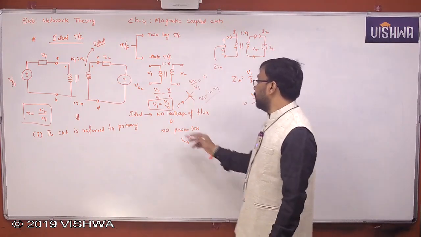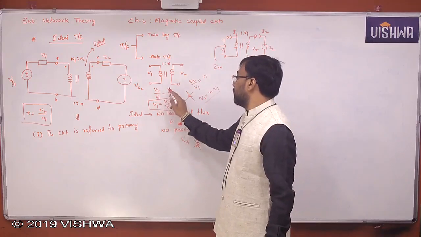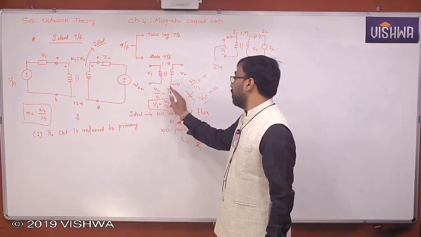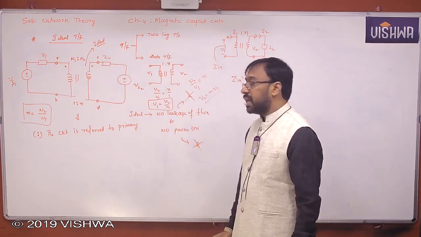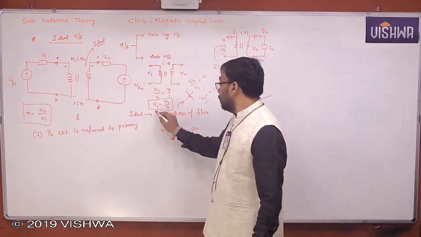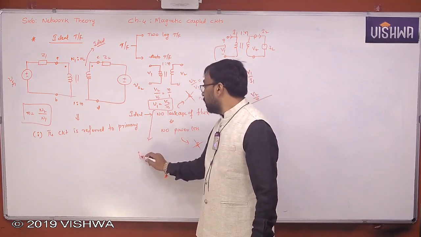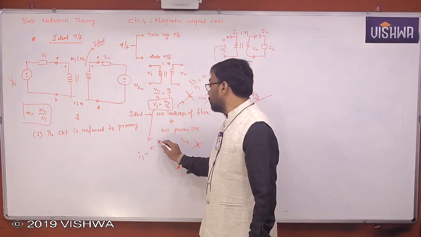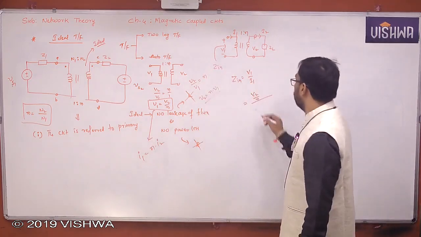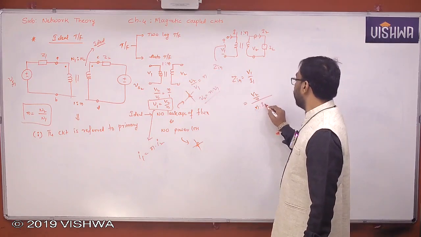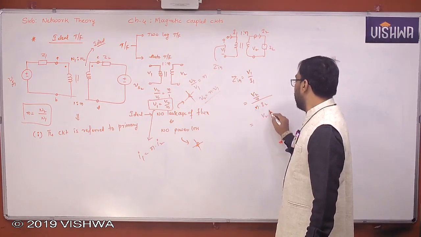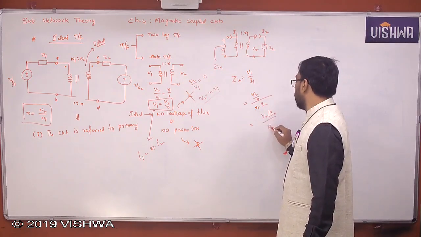When you have V2 by V1 equal to n by 1, what is I2 by I1? It is 1 by n. Yes or no? You also know that I1 is n times I2. So V2 by I2 divided by n square.